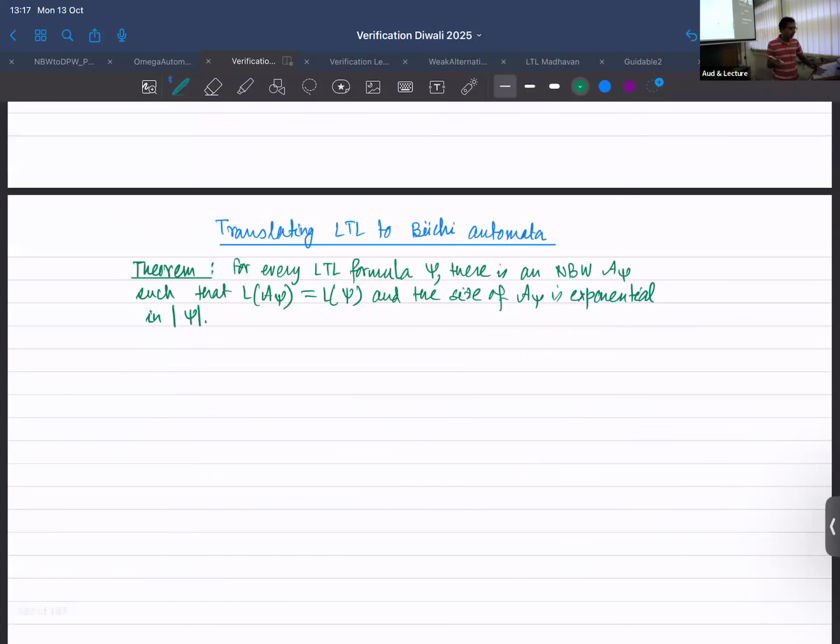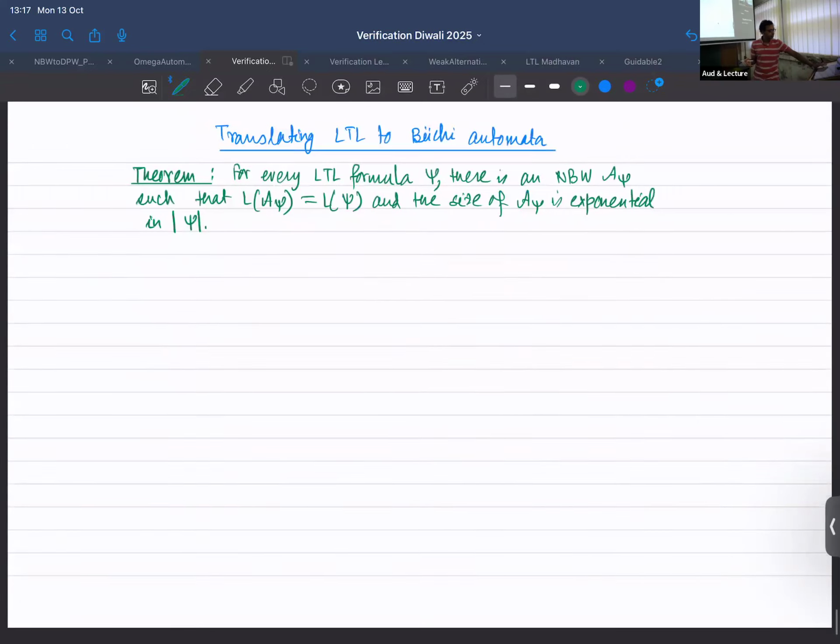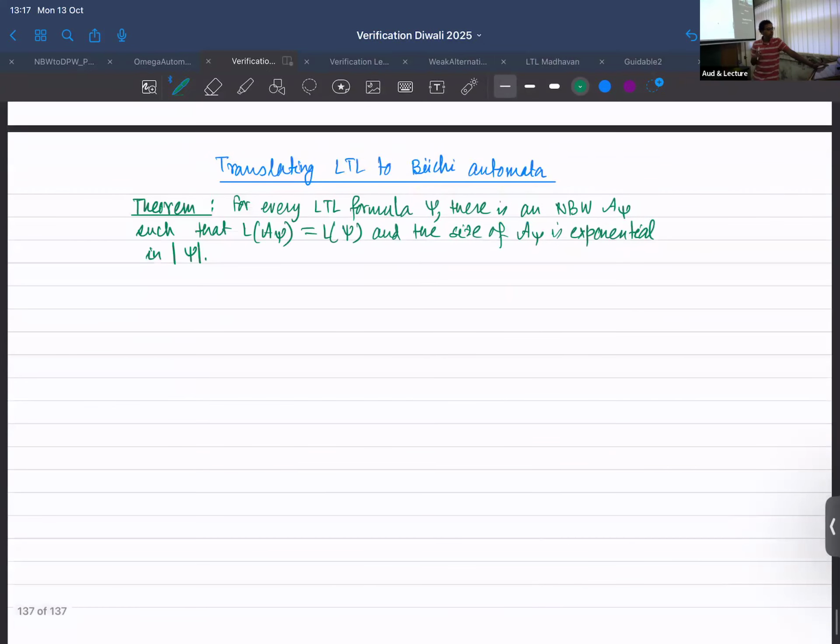And one thing that we see here as a conclusion, when we are going from LTL to Büchi automaton, given an LTL formula, I can directly translate to an NBW. What should be the size of the NBW? What is the size of the ABW that we constructed?